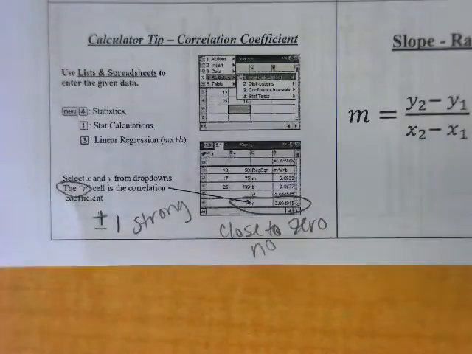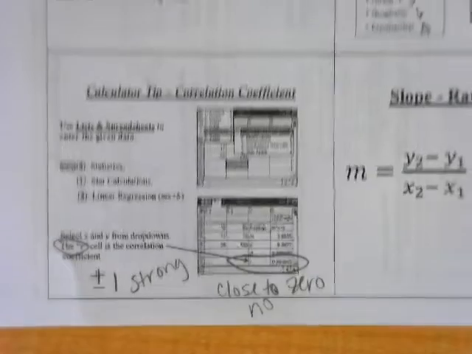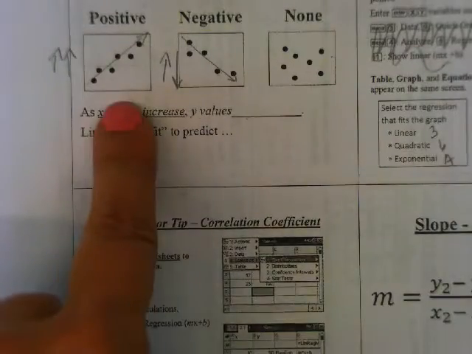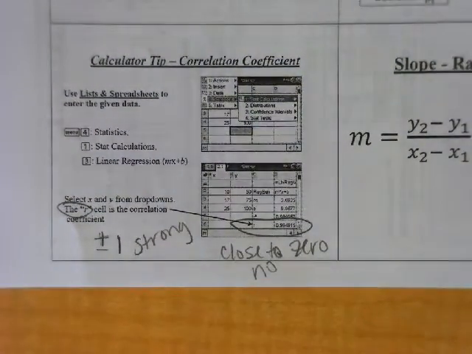It's not going to make a line. So if it was like 0.83, that would be a really strong positive correlation like what we have up here. Remember, the stronger the correlation, the closer the dots are to that line of best fit. And then there is slope, which we had on the last one.